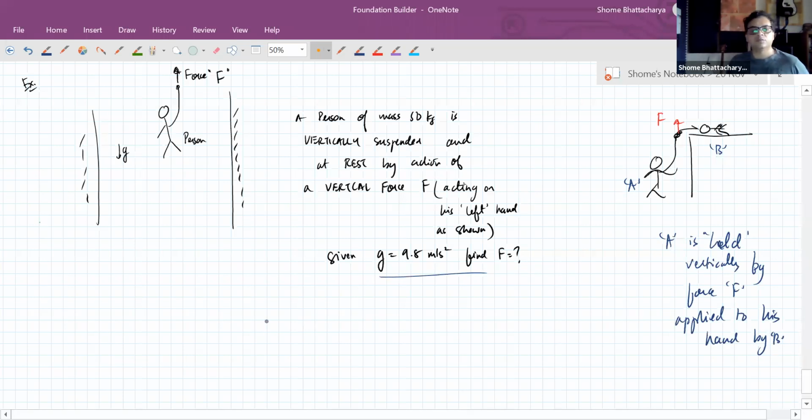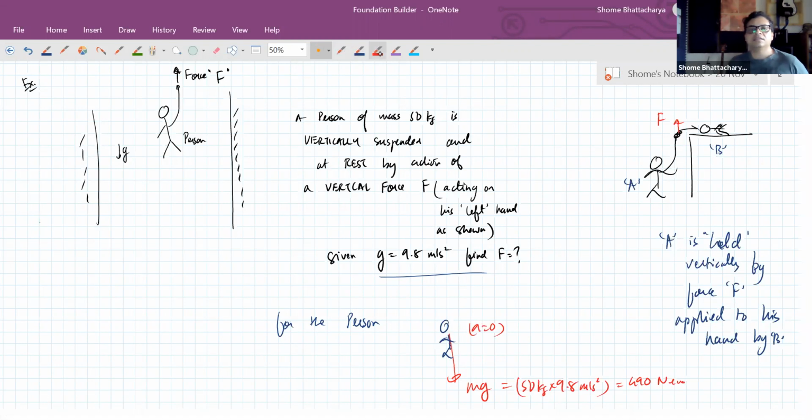So it's very simple. We have to understand that on his body, there are two forces acting. One is gravitational force mg, which will be 50 kg into 9.8 meters per second square, so that will be 490 newtons. But his acceleration is zero.